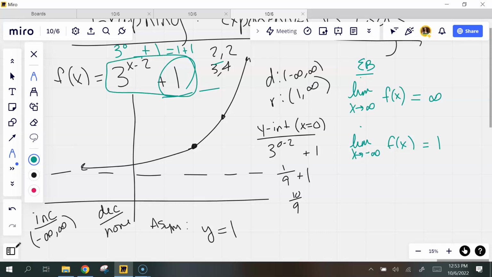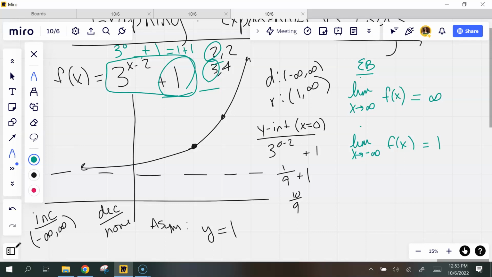It's 3 to the x minus 2 plus 1. I didn't plug in 0. I first plugged in 2, and then I plugged in 3. Everybody with me now?